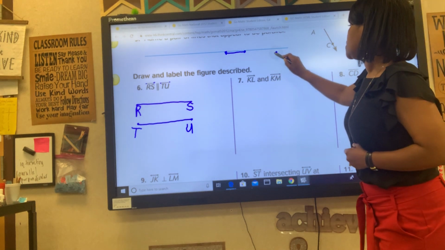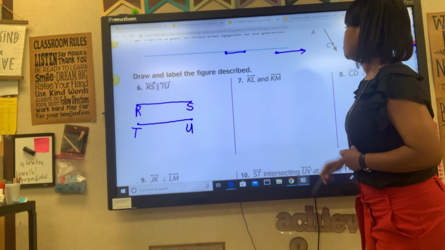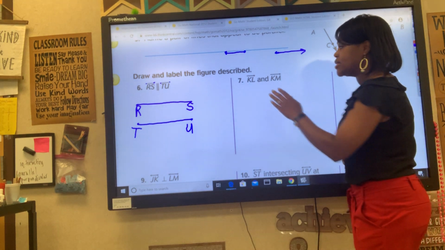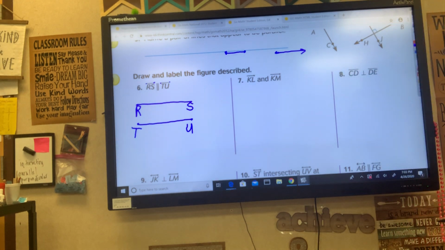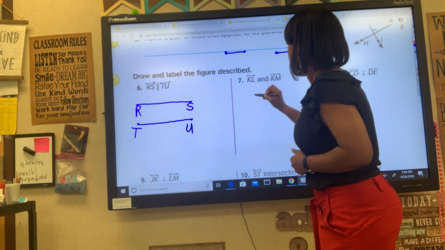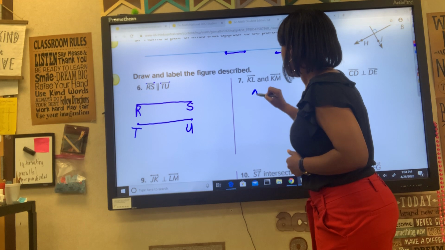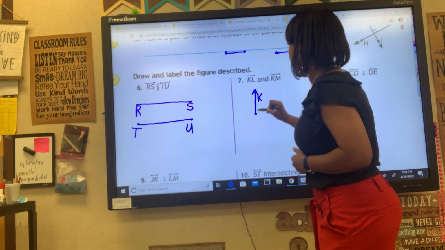Remember, this symbol is for a ray. So I would read it like this: ray KL and ray KM. So ray KL and ray KM will intersect. A ray has an endpoint and a line. So I have a ray KL.